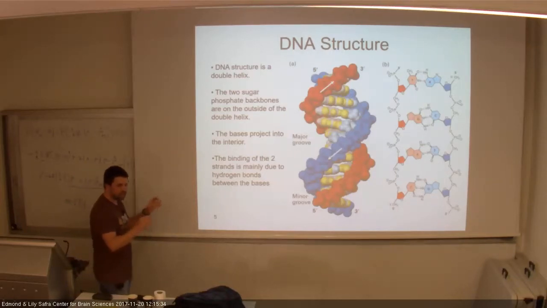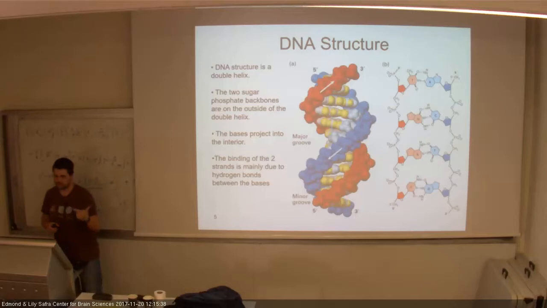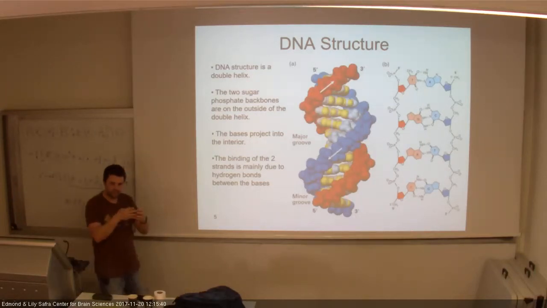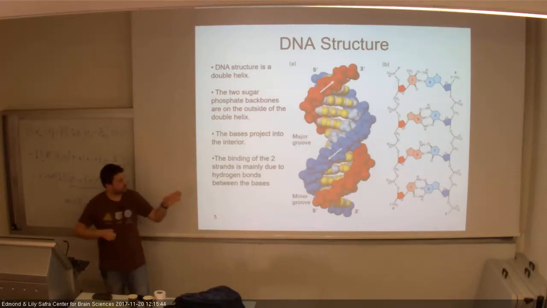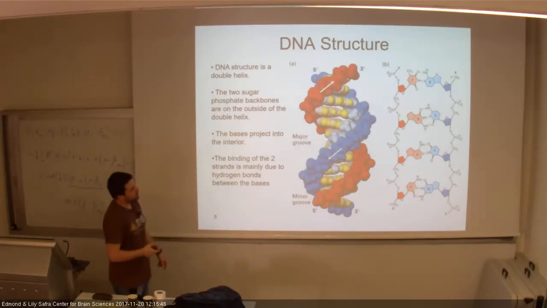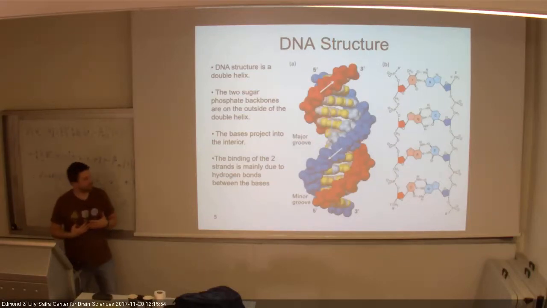A lot of the time people mix up this structure with the structure of proteins, in which the backbone of the helix is in the center, and then the amino acids are pointing out. Here, first of all, it's a double helix because it's composed of 2 strands. But in this case, the backbone is pointing outwards, and the bases are pointing inwards.